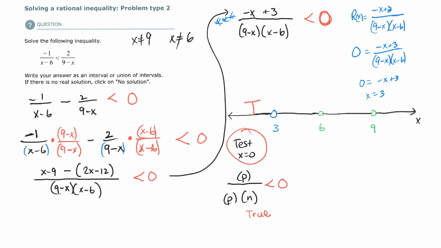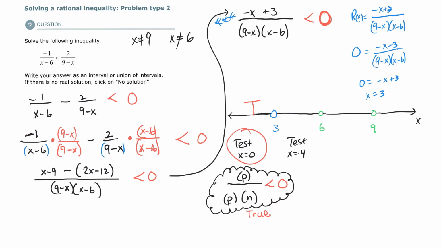What else can we test? In a similar fashion, oh, I guess I should bubble this. This is what I call bubble math. It's not really mathematics. It's just a bunch of concepts in a bubble. Let's test x equals 4.